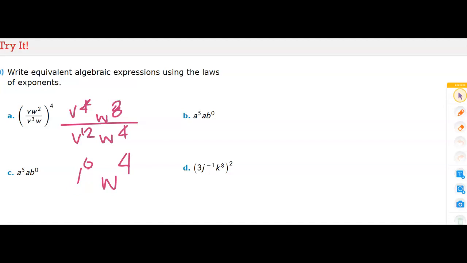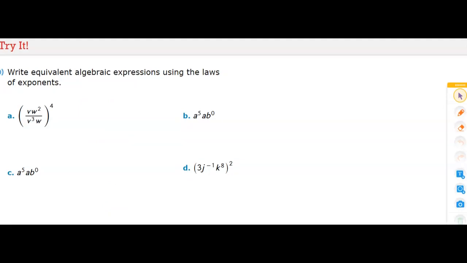Let me erase. Sorry. We're going to have the w on top because the 8 is bigger, so it's going to stay on the top. So w to the 4th power at the top, and then v will be the denominator at 8. So that would be your final answer for A.